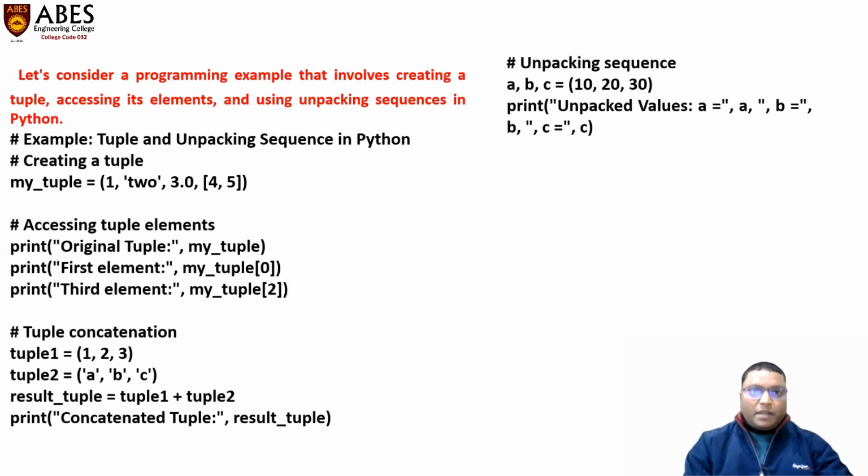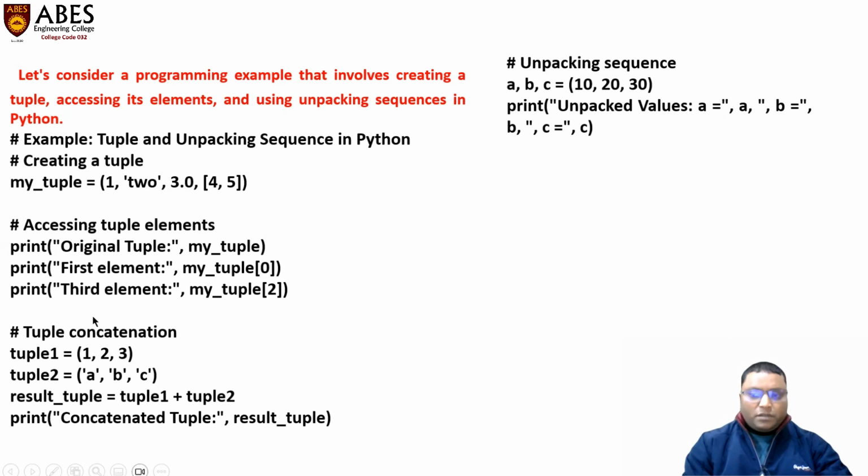Now let's consider a programming example that involves creating a tuple, accessing its elements, and using unpacking sequences in Python. Simply, you have to create a tuple, like I have written the code here, my_tuple. For accessing tuple elements, you simply print the original tuple, that is my_tuple. The first element can be accessed using my_tuple[0], and at index 2 the third element will be accessed. This is very simple, as I have told earlier.